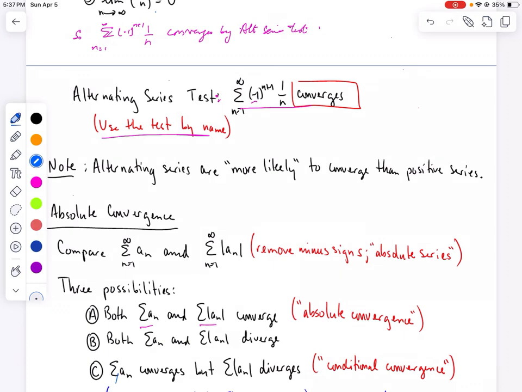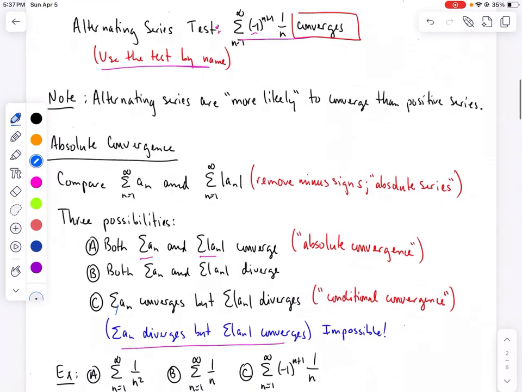And the third condition is that one of them converges and one of them doesn't. Can it happen to both? No. The only possibility is that the series with positive and negative terms converges and the series with just the positive terms diverges. Then we have conditional convergence.